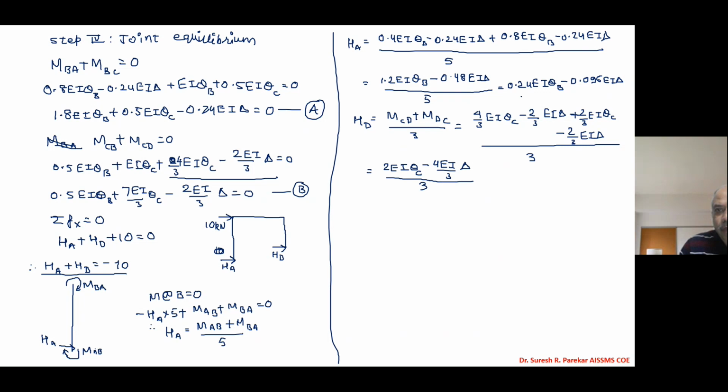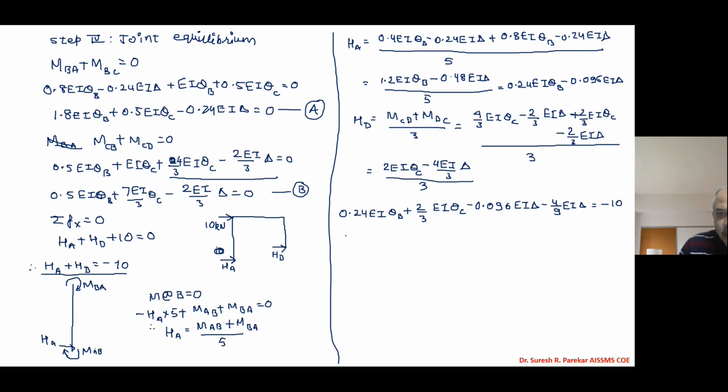So we have 0.24 EI theta B, then plus 2 by 3 EI theta C from here, then minus 0.096 EI delta minus 4 by 9 EI delta equal to minus 10.